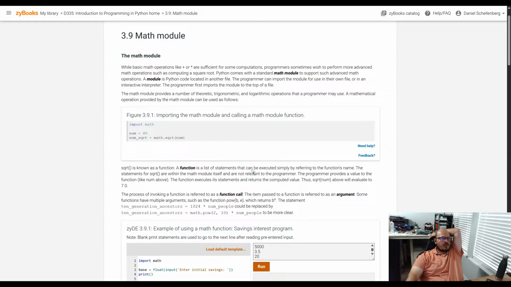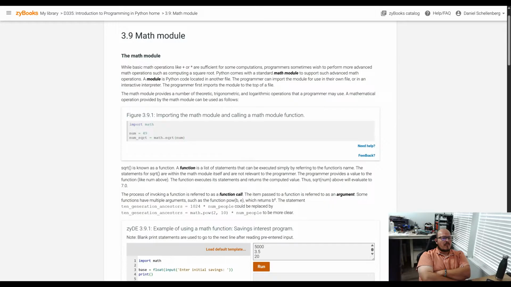While basic math operators like plus or times are sufficient for some computations, programmers sometimes wish to perform more advanced math operations such as computing a square root. Python comes with a standard math module to support such advanced math operations.